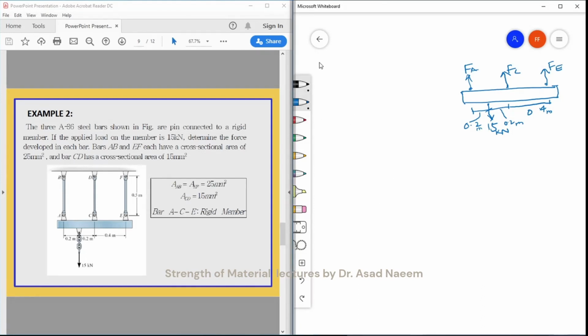So first of all using the equilibrium equation, sum of Fy is equal to 0. So FA plus FC plus FE minus 15 kilonewton equal to 0. This is our equation 1. So now we have 3 unknowns, so we need at least 3 equations to solve the problem. Second, we can just simply calculate the moment.